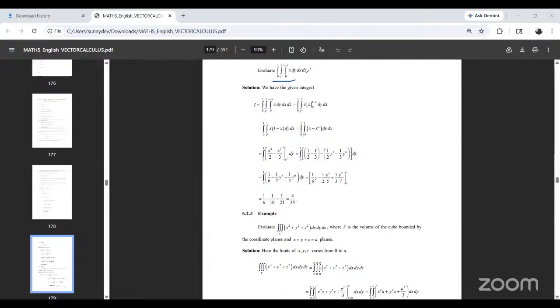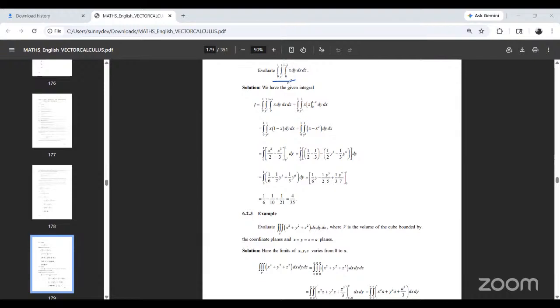Remember one thing here: how can we know which are the x limits, which are the y limits, and which are the z limits? See, observe the limits 0 to 1 minus x and y squared to 1.